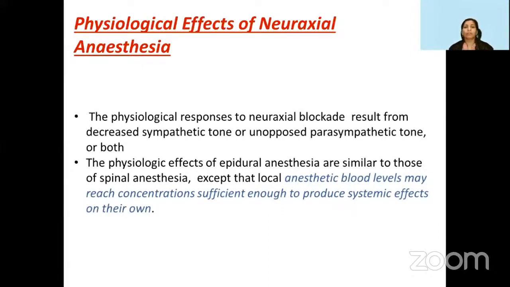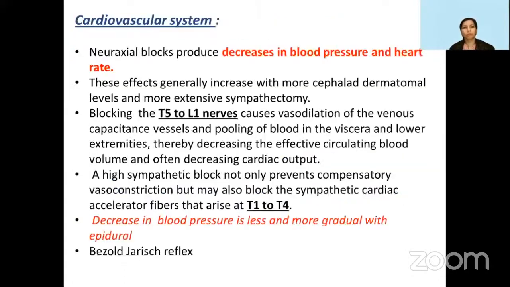The physiological effects of epidural are similar to those of spinal anesthesia, except that the local anesthetic level may reach concentrations enough to produce systemic effects on its own, that is, local anesthetic systemic toxicity. In the cardiovascular system, decreases in blood pressure and heart rate can occur, which is much more profound if the block is up to the T1 to T4 levels.